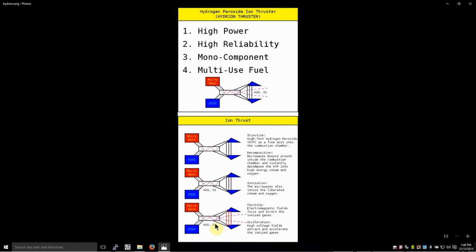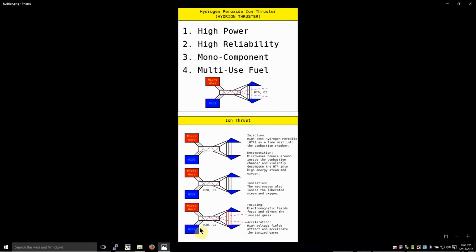Alright, then as it's exiting violently, these charged particles will be focused with an electromagnetic field. You can do this to create a nice stream, or you could probably direct the stream in different directions, but that by itself isn't particularly valuable because it's still 20 times less powerful than conventional thrusters, and that's where the acceleration part comes in.